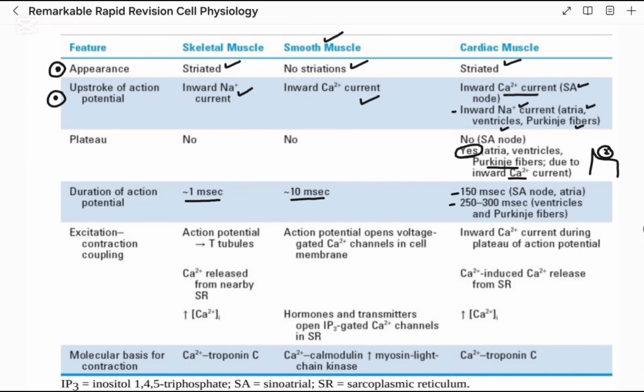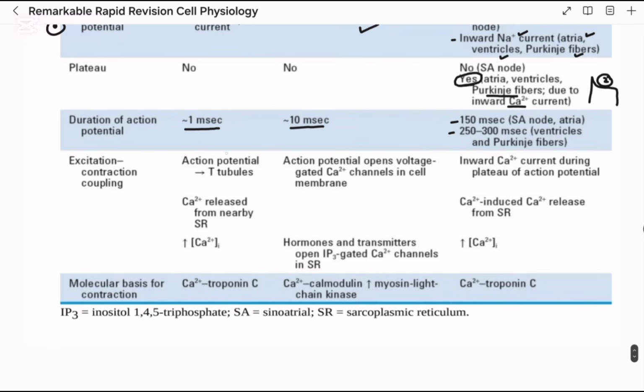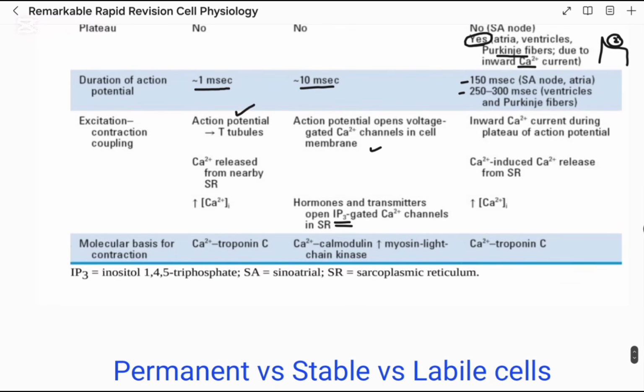So excitation contraction coupling, we have discussed in details about the skeletal muscle and the smooth muscle. The action potential opens the voltage gated calcium channels in the cell membrane. So it is kind of the same, but with the addition of the hormones and transmitters through the IP3 pathway. So this one is the most important thing, that molecular basis for the contraction.